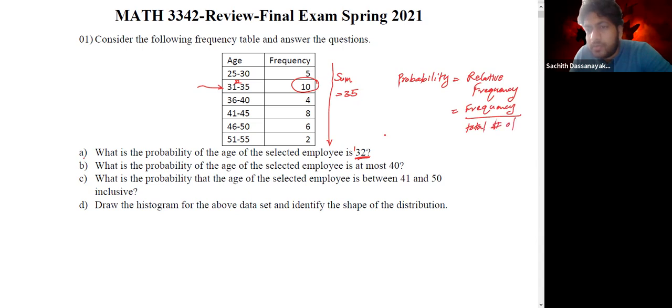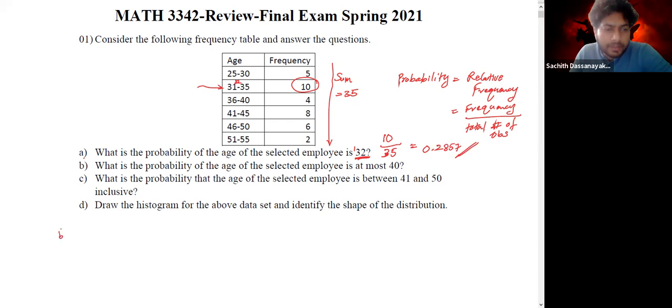Here your frequency is 10 and the total number of observations is 35. So the answer is going to be 0.2857. Okay, so this is the answer.